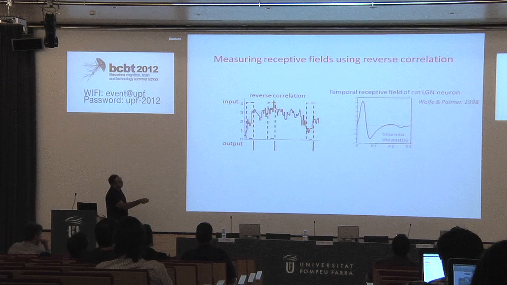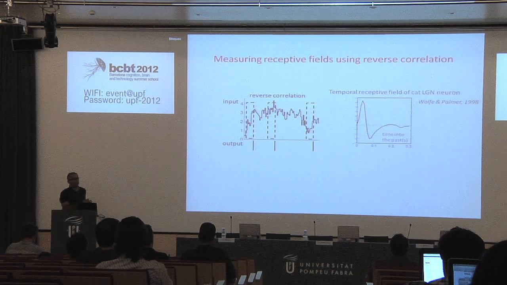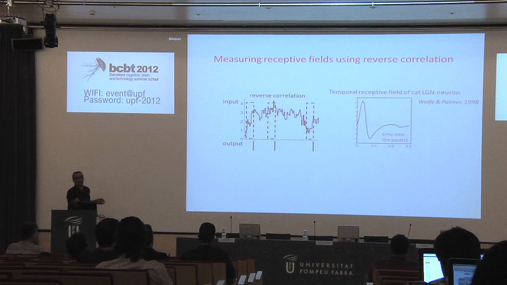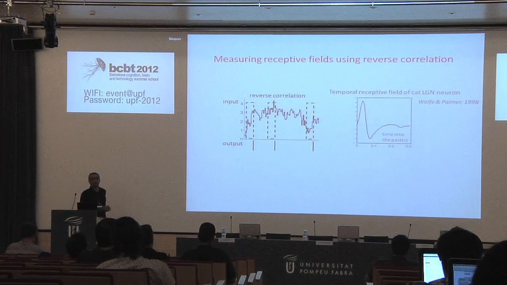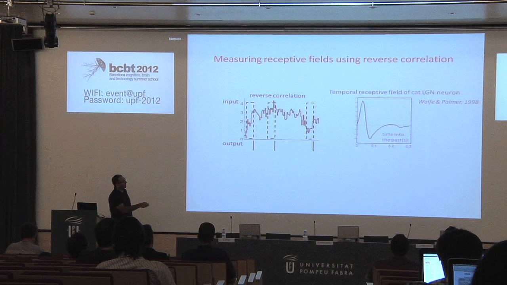And when these fellows did that, this is the temporal receptive field that they recorded, which we can now compare with the optimal linear filter computed for predictive coding. As you can see, it has the same shape as before, where there is a biphasic response with the second phase smaller than the first.